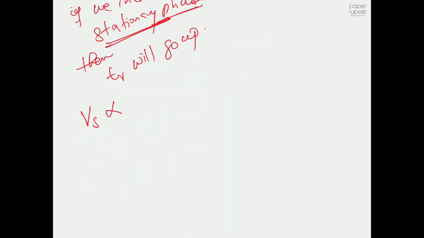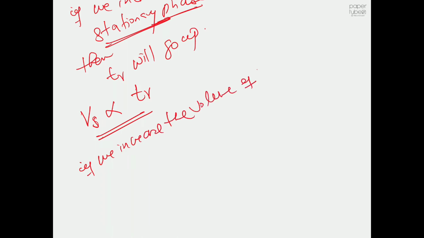So the volume of your stationary phase is proportional to your retention time, and if you think the other way around, if we increase the volume of the mobile phase, what will happen? Your solute molecules or your analyte molecules will stay more time in the mobile phase, or the other way around, they will spend less time in the stationary phase.